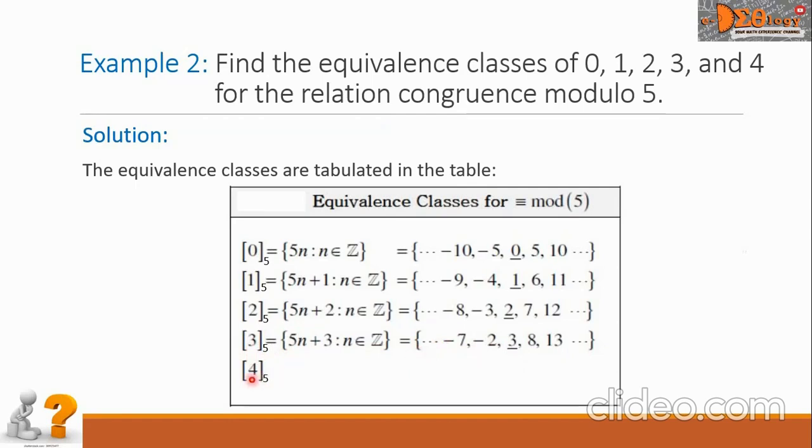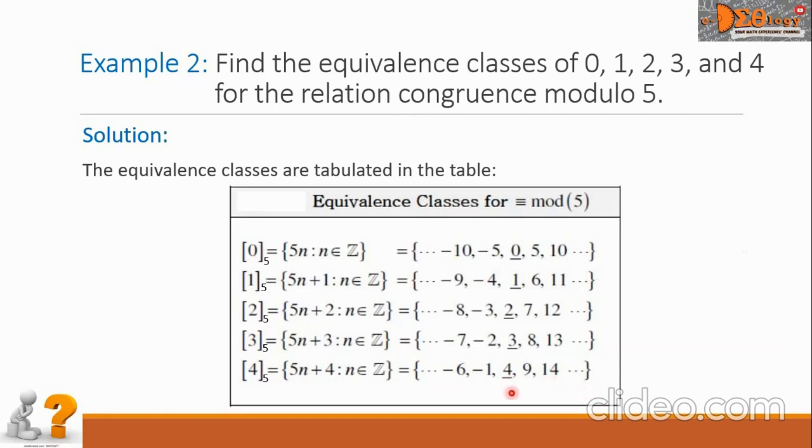The equivalence class of 4 is defined as 5n plus 4, such that n is an element of Z. The first element is the number 4 itself. So 4 plus 5 becomes 9. 9 plus 5 is 14, and so on.